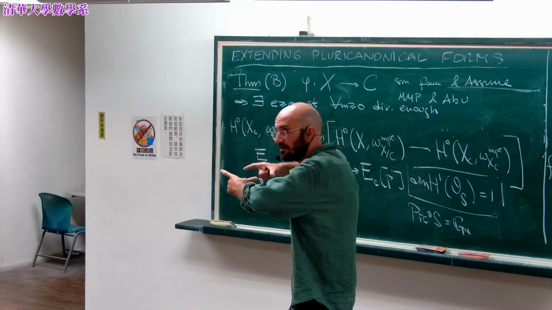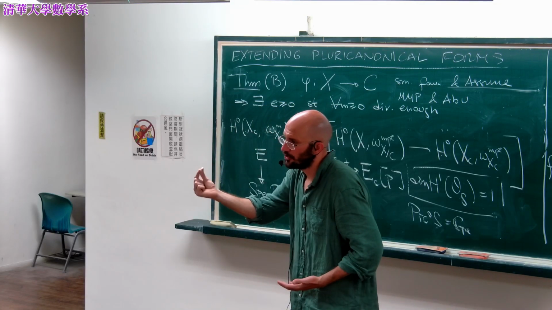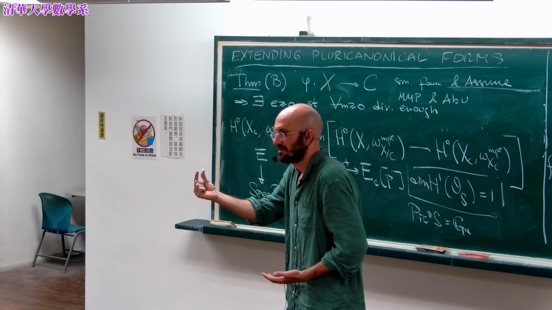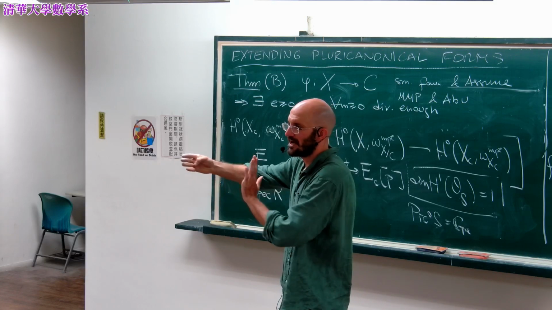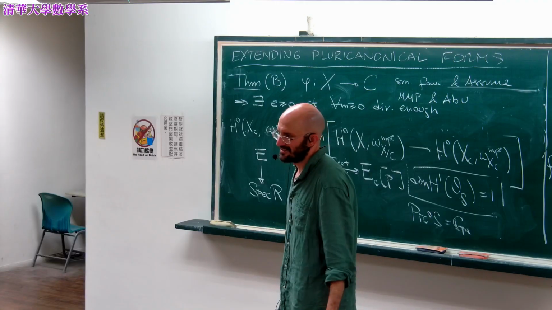Then what this canonical model does is it will contract all the curves that have 0 intersection with it. So it will be something birational. In particular, it is not flat.